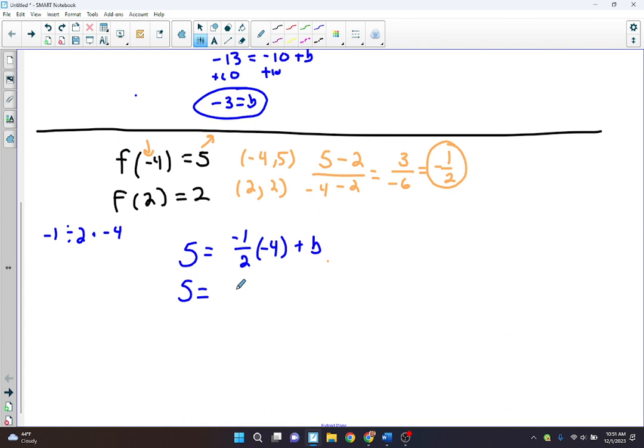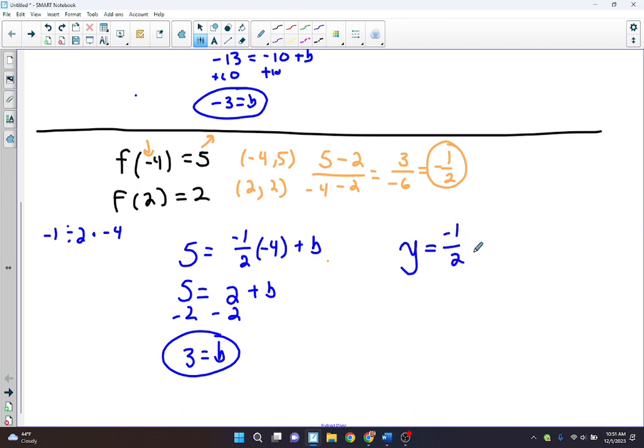That ends up being positive 4 over 2, or 2. Minus 2 on both sides, 3 equals b. Don't forget the final thing so you don't lose the last point. Y equals negative 1/2 x plus 3.